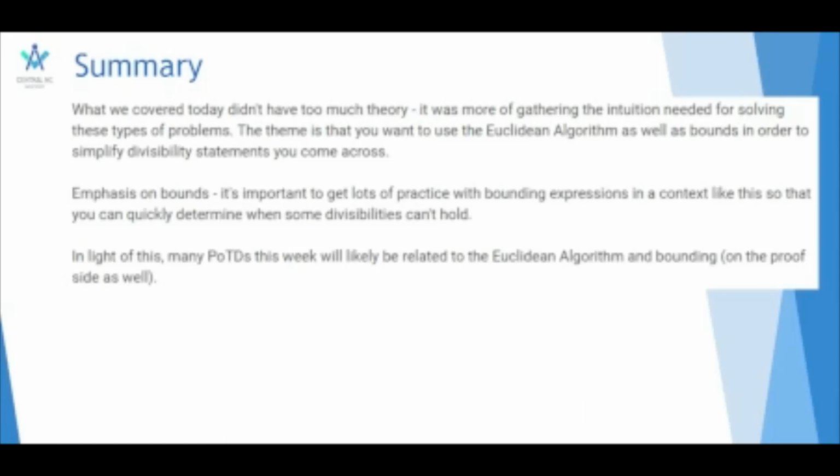So in summary, this is the type of thing we covered today. Try to get as much practice with this type of problem as you can, because even if these tricks seem intuitive to you, with practice they become even more intuitive and right in your toolbox, so you can start applying them as second nature.